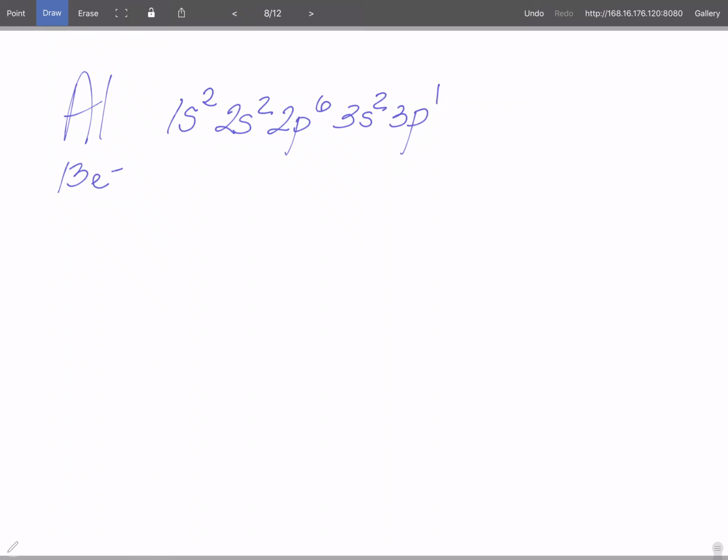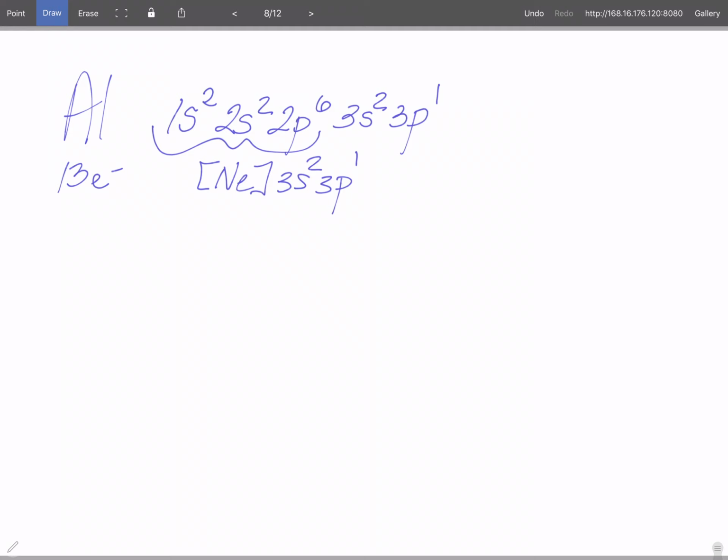So we have 13 electrons. Yay! And if we look at it, in this particular case, all of these are closed. So they become neon, and we have 3s2, 3p1. Now, if you're looking at it going, wait, how do I count electrons? Well, this is easy. Neon is 10. 10 plus 3 is 13.